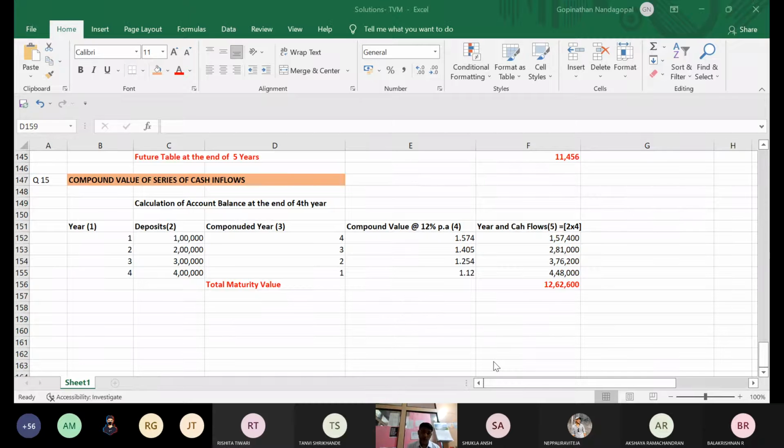What is annuity? Can anyone tell me? You should have studied it in your mathematics. No idea, sir.